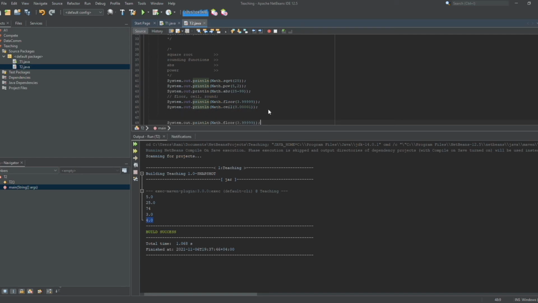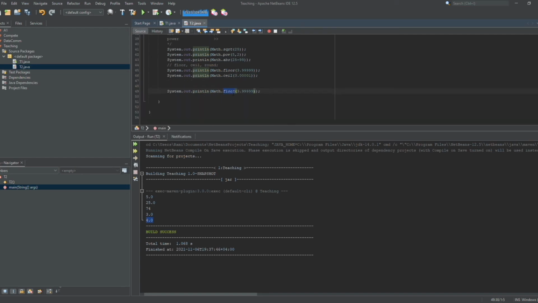Now let's try the final one, which is round, and do 3.6 and 3.4. Let's just add some strings just to make things clear.